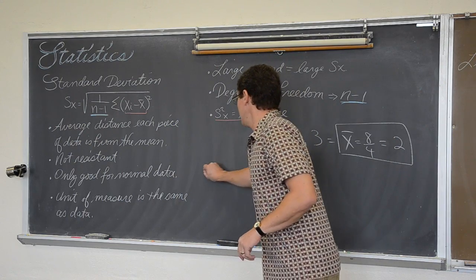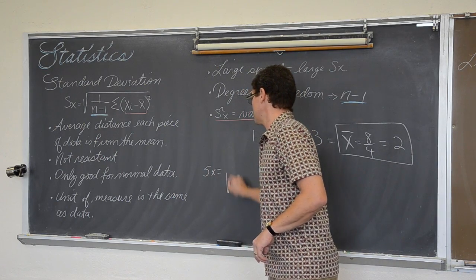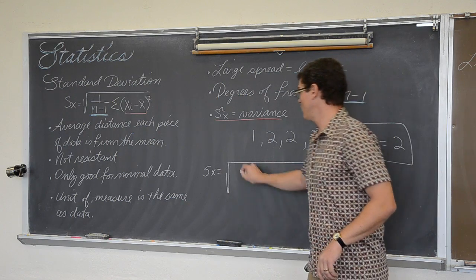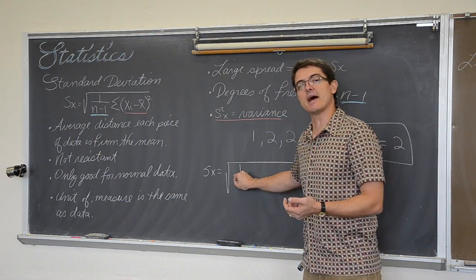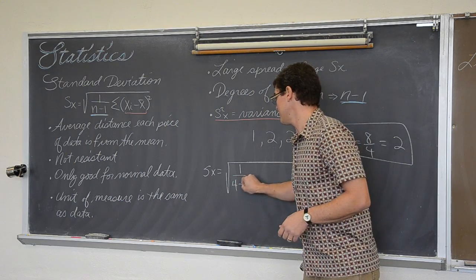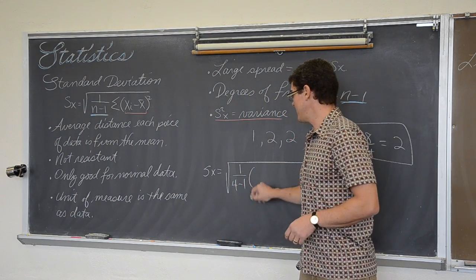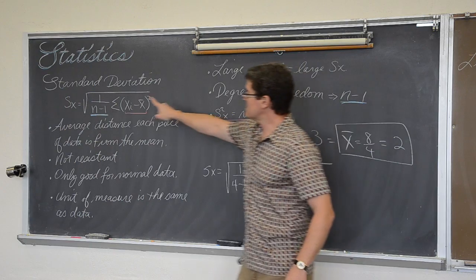So the standard deviation of this data will be found by doing the square root of 1 over n minus 1. N is the number of pieces of data we have, so 4 minus 1, times the sum.